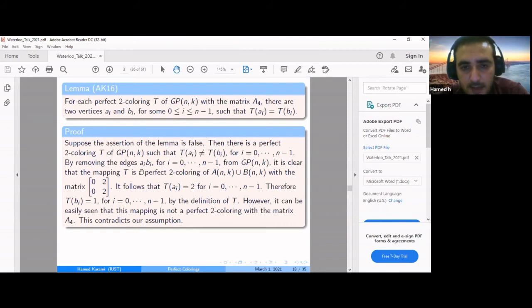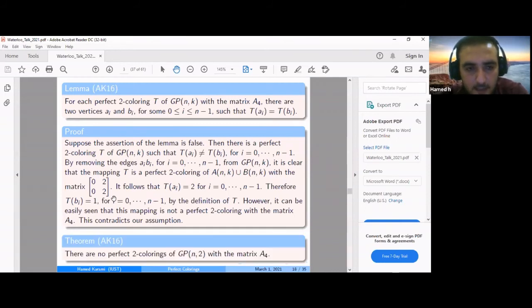We remove the A_i and B_i from GP(n, k). We obtain a perfect 2 coloring with the matrix 0, 2, 0, 2. And after some computation, we get a contradiction. By this lemma, we prove that there are no perfect 2 colorings of GP(n, 2) with the matrix A4.